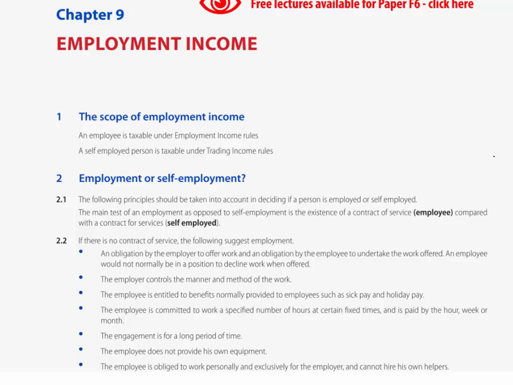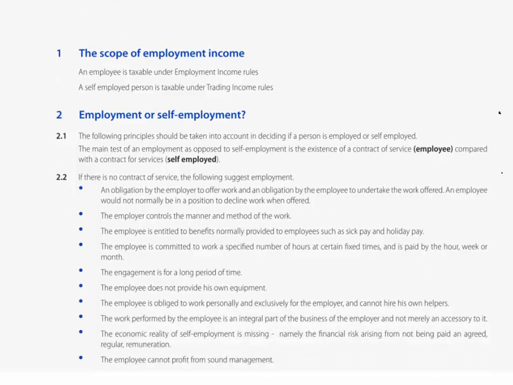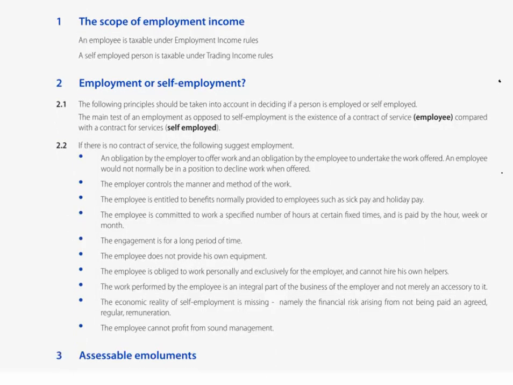But how do we differentiate in terms of someone who is either an employee or self-employed? The following principles here in section 2.1 should be taken into account in deciding whether a person is indeed an employee or self-employed. And it comes down to a determination that's based on very precise wording.